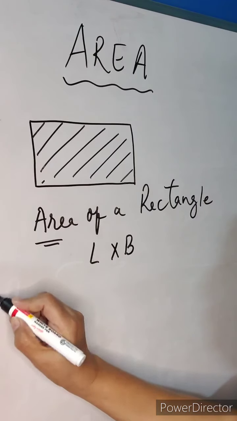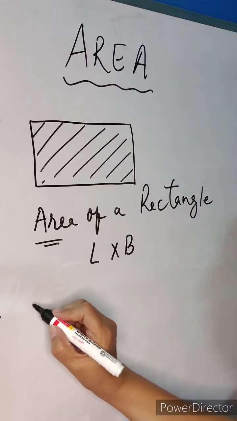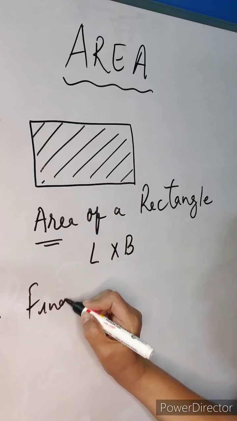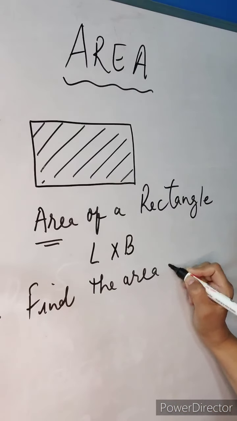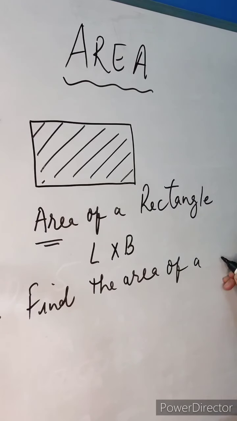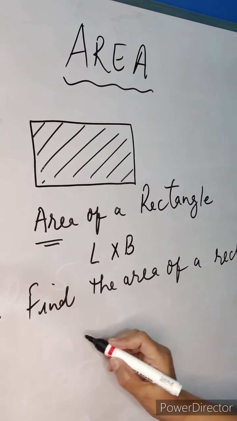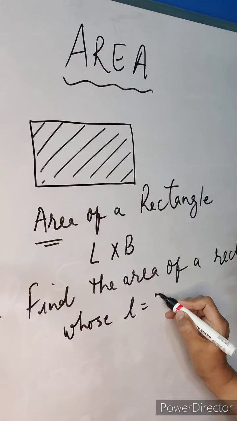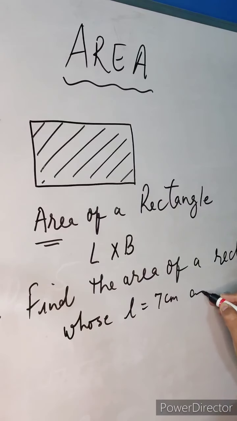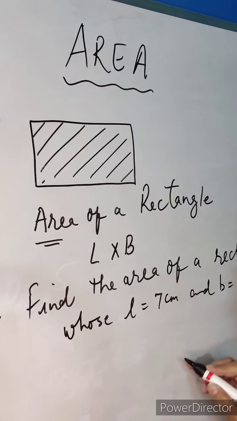Suppose find the area of a rectangle whose length is 7 centimeter and breadth is 5 centimeter. ठीक है?